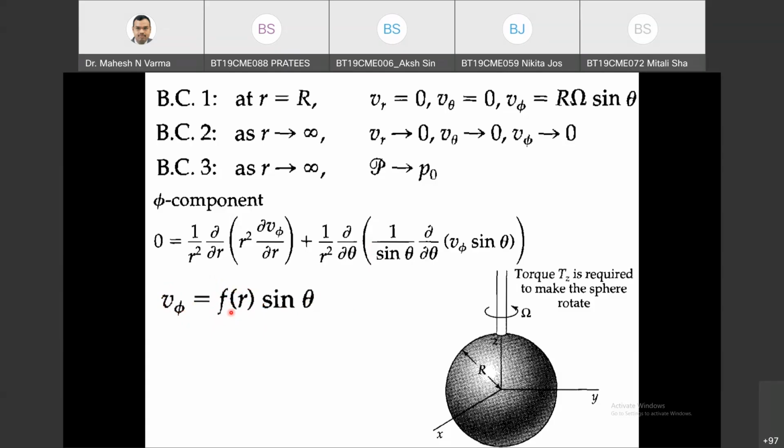Now substitute V phi equals f of r into sine theta here, simplify, and see what you will get.